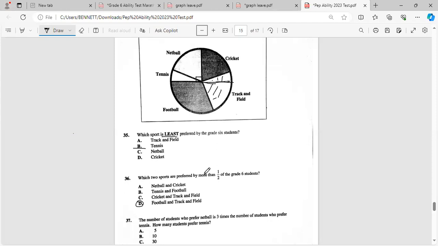Just imagine the tennis, netball, and cricket don't exist, just focusing on the football and track and field. But we can't say they don't exist. You mean you use the elimination process, right? Yes, sir. That's good, man. I was saying you're thinking that in real life nobody plays.